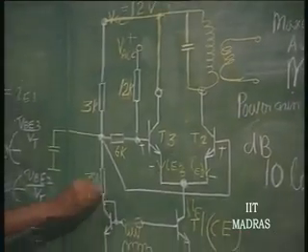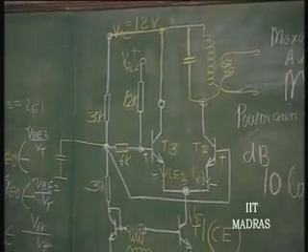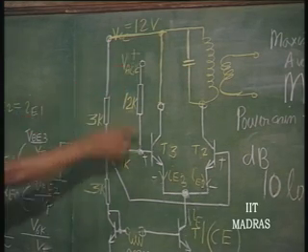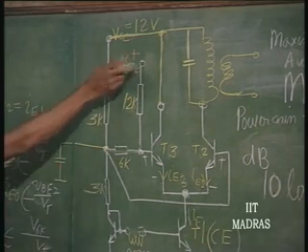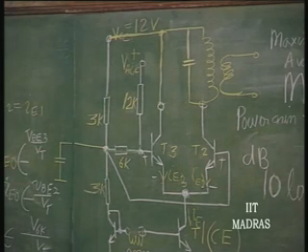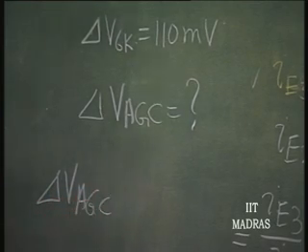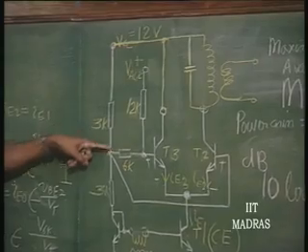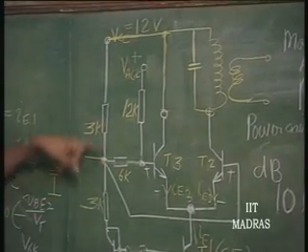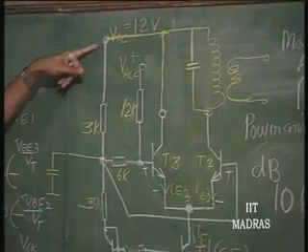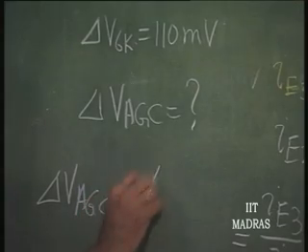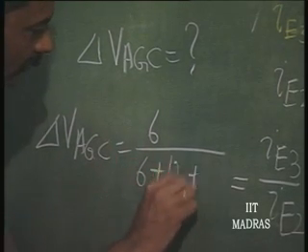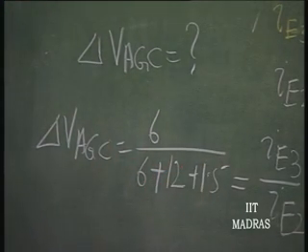These two voltages, V gamma and VCC, are constant. Their contribution here is of no significance, because that is a constant contribution. We want to know, when this is changed, what is the change in voltage? It is enough if you consider only delta VAGC here. Delta VAGC is going to result in an attenuation. There is a 6K, 12K and a 6K, and from here to ground we have 3K parallel 3K, that is 1.5K. So, the change across 6K is divided by 6 plus 12 plus 1.5, that is the attenuation factor.